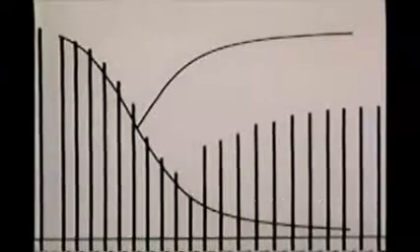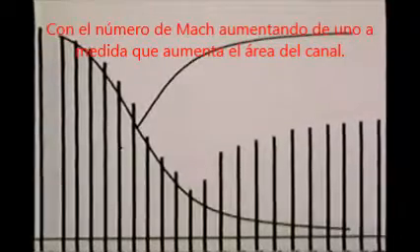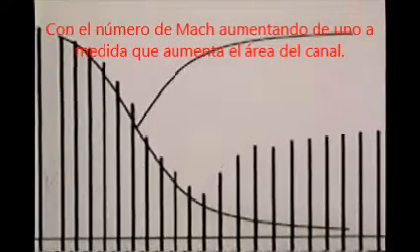Thus, the Mach waves, the low sound level, and the pressure distribution all confirm that the lower theoretical branch downstream of the throat is supersonic, with the Mach number increasing from 1 as the channel area increases.